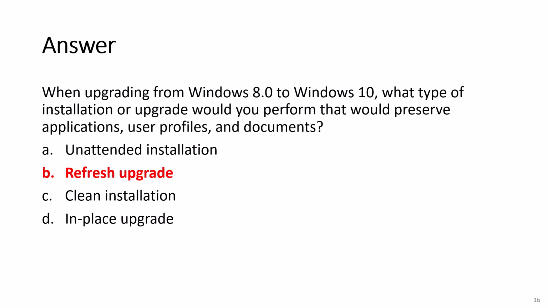Remember that you cannot upgrade directly from Windows 8.0 to Windows 10. Therefore, you'll need to upgrade from Windows 8.0 to Windows 8.1, then upgrade Windows 8.1 to Windows 10. However, you can also do a refresh upgrade, which involves exporting user data and settings, then wiping the device before installing a fresh OS, reinstalling applications, and restoring the user's data and settings.